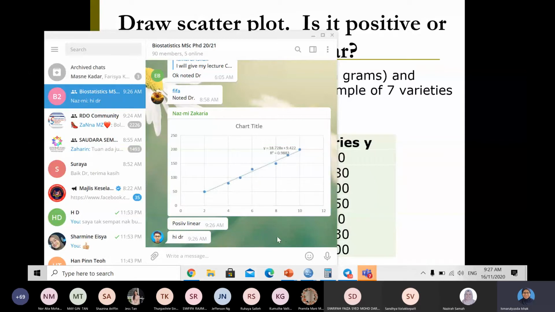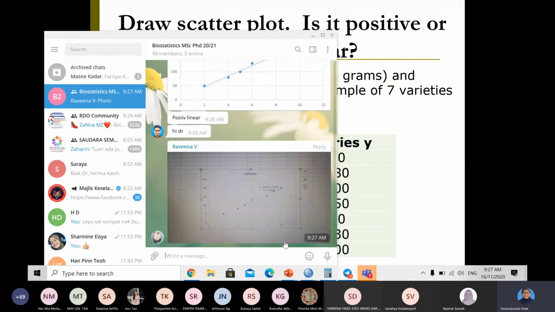Other than that, the hand sketch. Wow, Ravina. Okay, good, nice. Excellent.